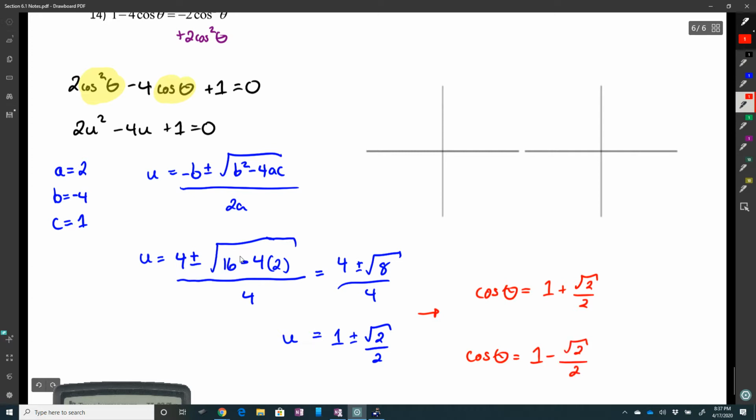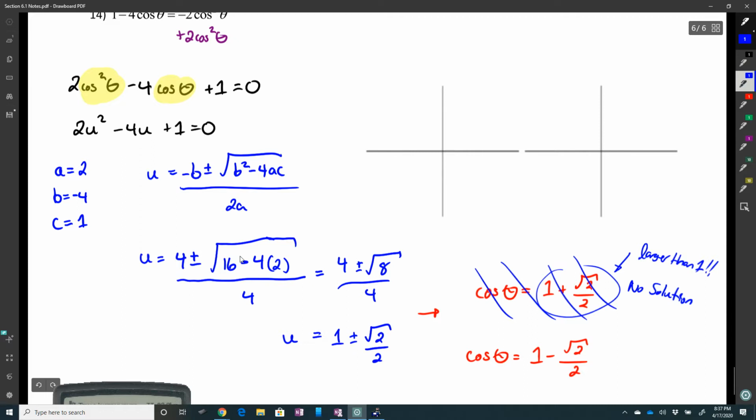Now the first one can't have a solution because it is larger than 1. Cosine can't be larger than 1. Okay, but the other one does.